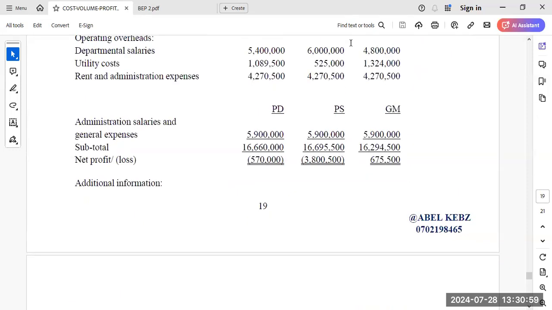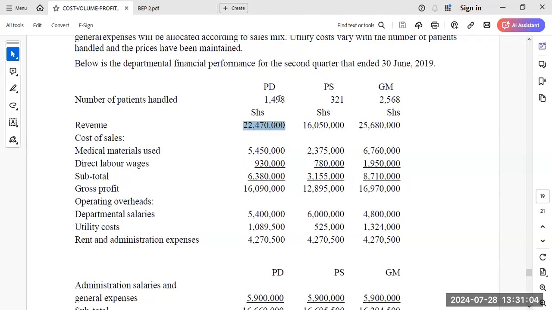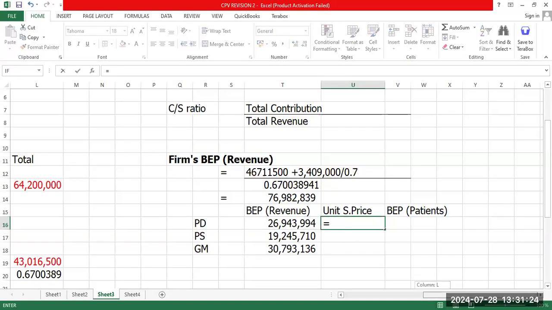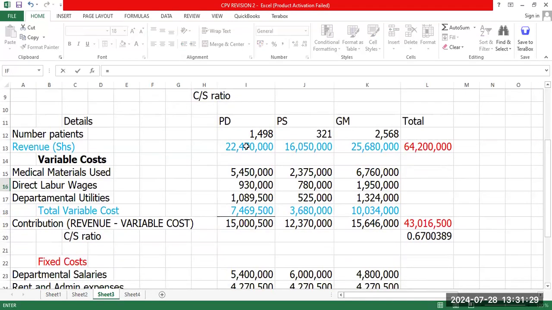So here, I am going to get this value, I divide by this. That's how I'm going to get unit selling price. I get my revenue, which is here, I divide it by number of patients.